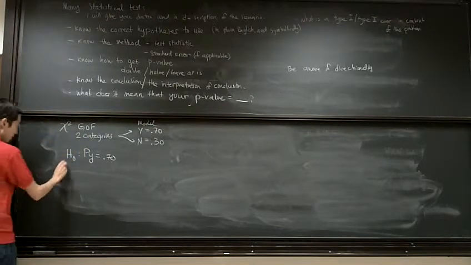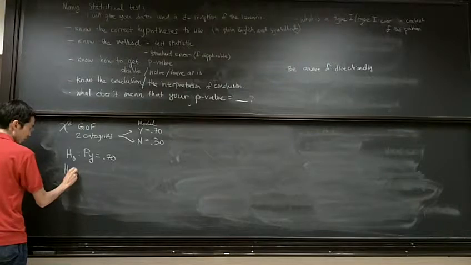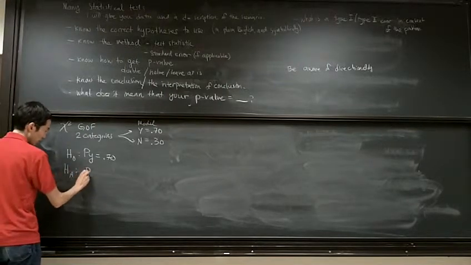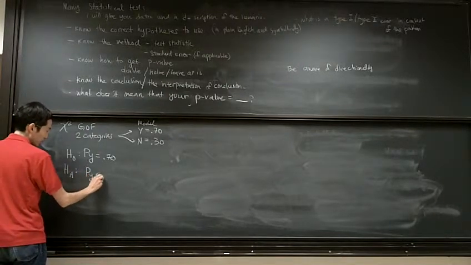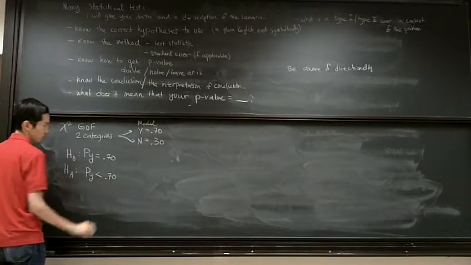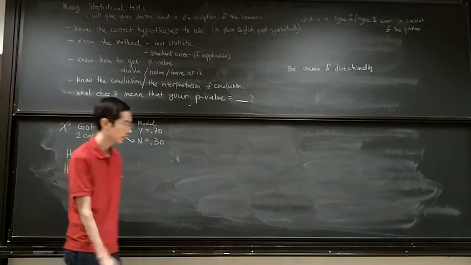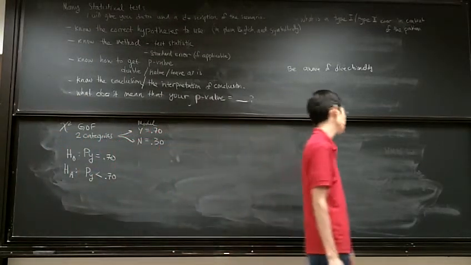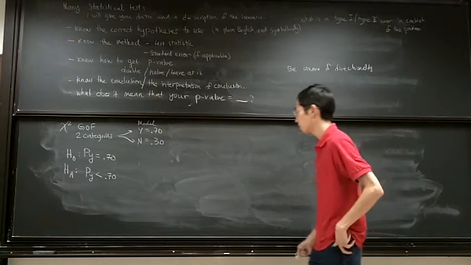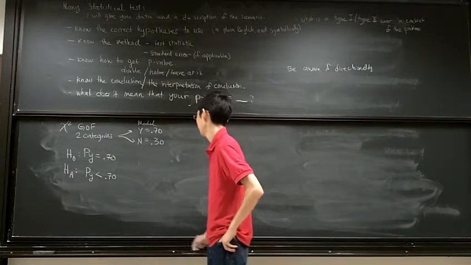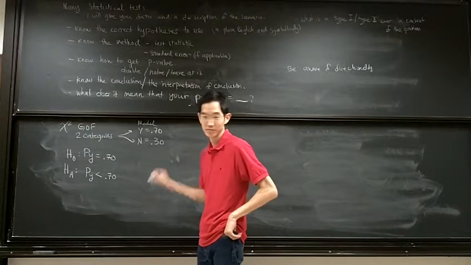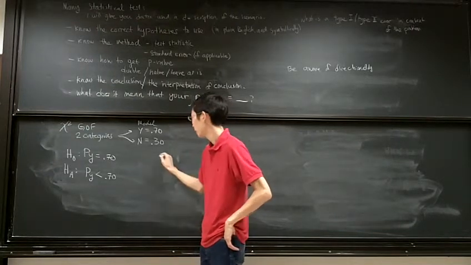And then the alternative, if we said we have too many yeses, is that the probability of yes must be less than 70%. Your model is wrong because it's predicting too many yeses. Then we go through our procedure and we divide by 2.